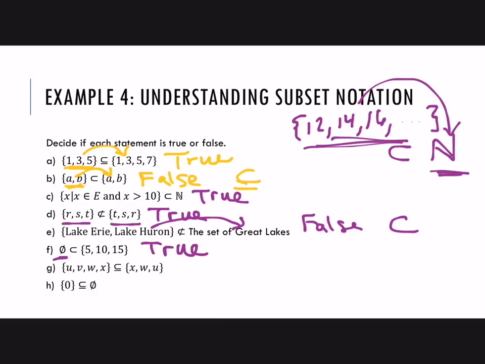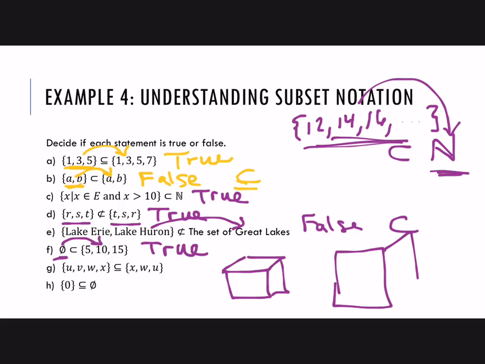There are no elements in the empty set that are not also in this set. Or let's say it this way. Something is a proper subset if you can take a box that represents your set and you just want to fill it with things from the larger box on the right. All right, and if that's the case, then that is a subset.